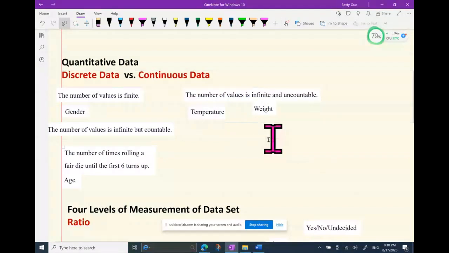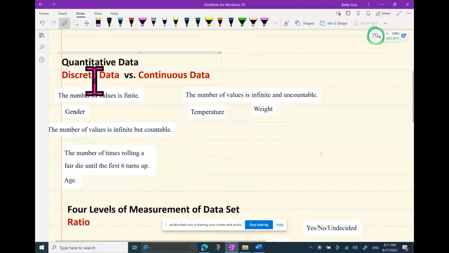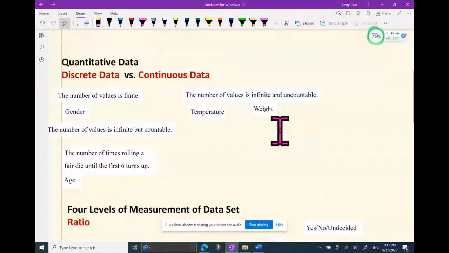So that is continuous. Let me know, am I clear about the difference between discrete and continuous? My understanding is: discrete data counts, continuous data measures. Yeah, most of the time.